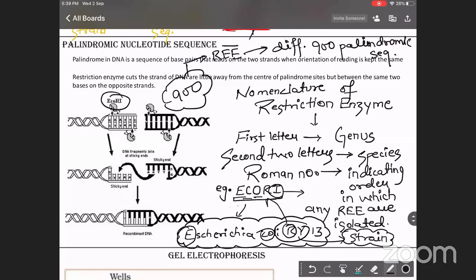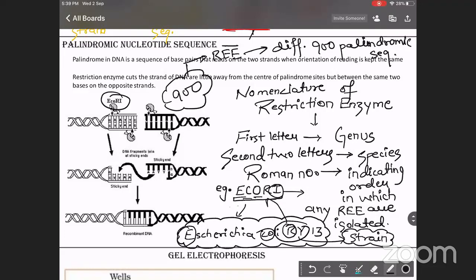That is what I want you to understand: DNA, the genetic material, and these different types of enzymes are not so simple. They are working on a very complex level. You can think that 900 different restriction enzymes have 900 different palindromic sequences.